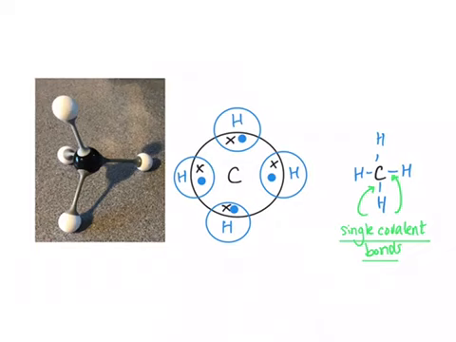This is what the molecule looks like. The molecule is 3D, so it's not quite flat like you draw on a page. And remember that these single lines are single covalent bonds, which show the sharing of a pair of electrons, 1 from carbon, 1 from hydrogen.